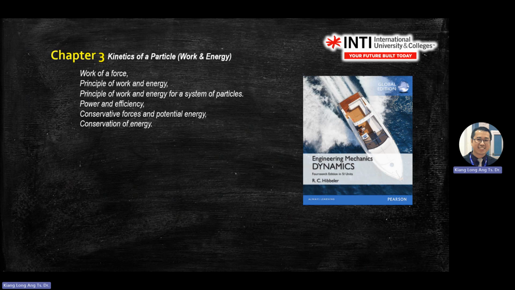Something below the datum, if you start from here, you'll get negative potential energy. When you start above the datum, you get positive potential energy. And as you see, the question asks you to use conservation of energy. Basically, the sum of energy will equal 0. There will be no loss of energy. Okay, so basically this is a summary of chapter 3.